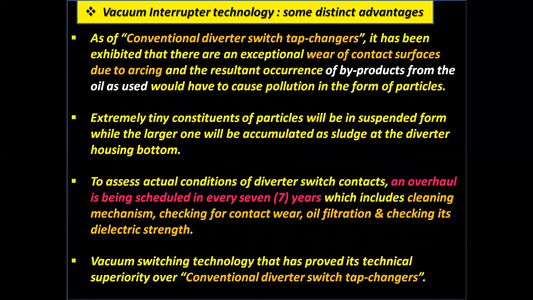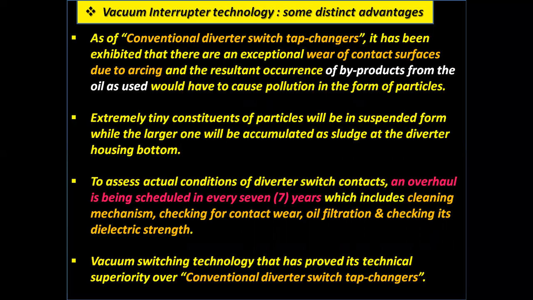Vacuum interrupter technology has some distinct advantages. In conventional diverter switch tap changers, it has been exhibited that there is exceptional wear of contact surfaces due to arcing, and the resultant byproducts from the oil cause pollution in the form of particles.